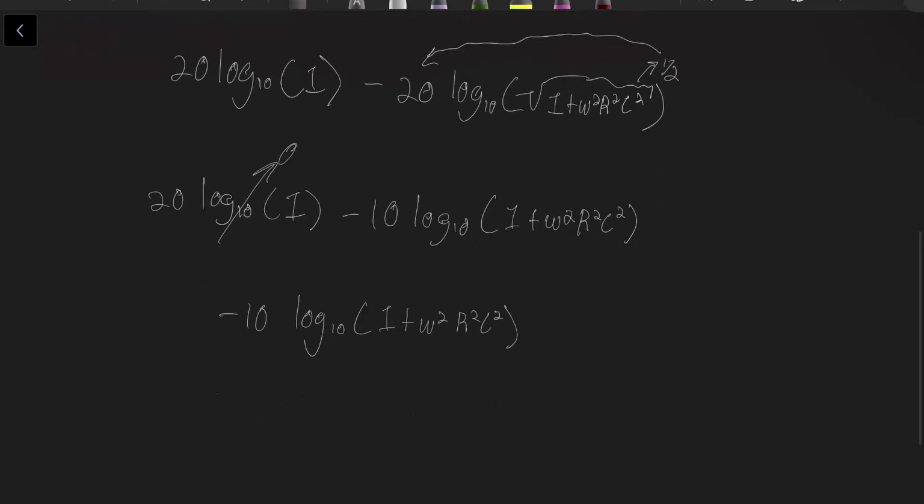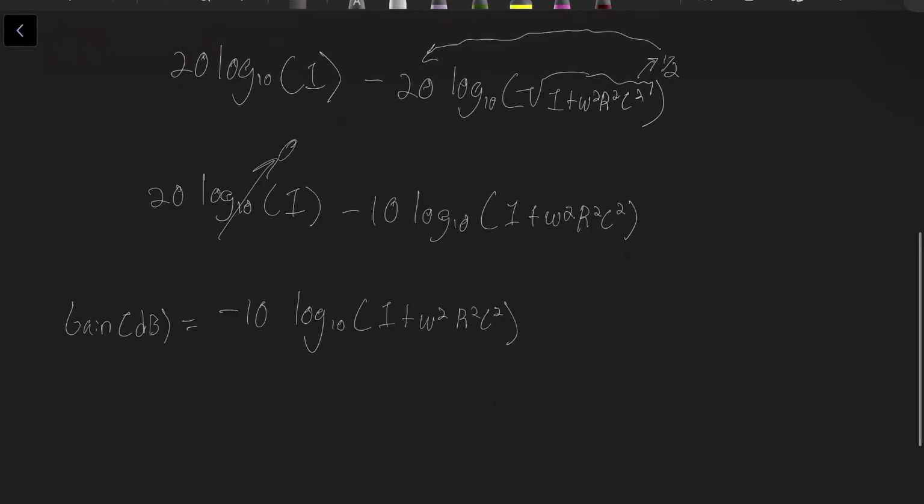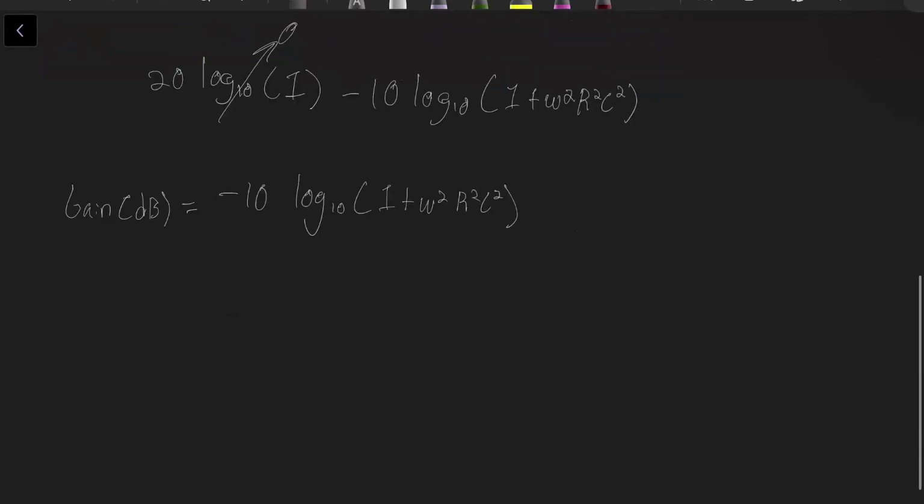And this is going to be our gain, specifically our gain in decibels. So this is going to govern our magnitude plot. So what we can do is plug in different values of our omega and solve for our associated gain.